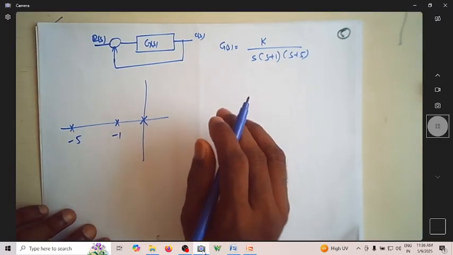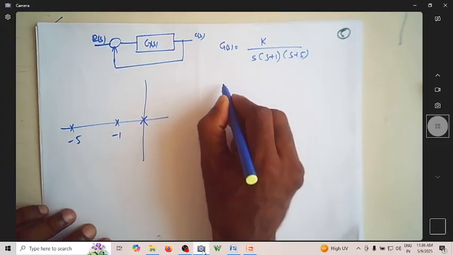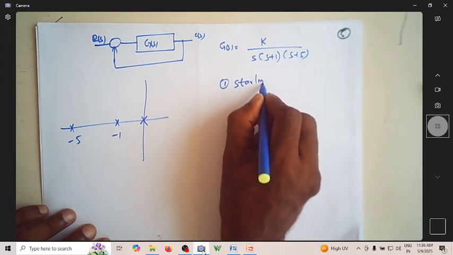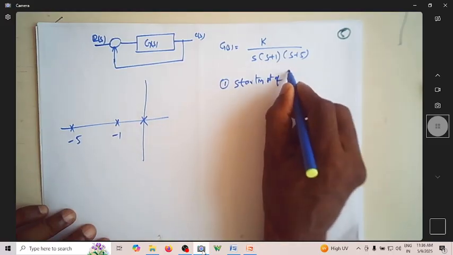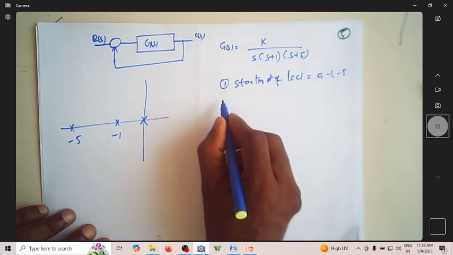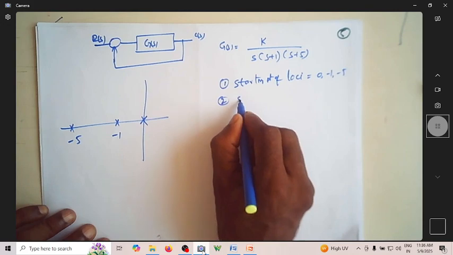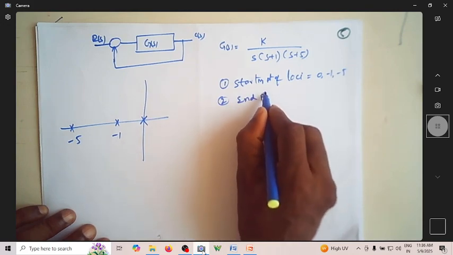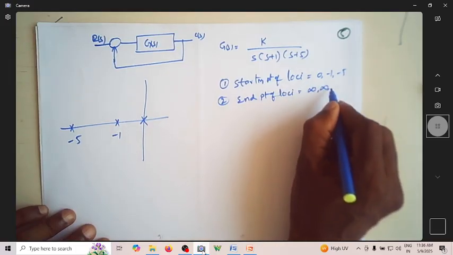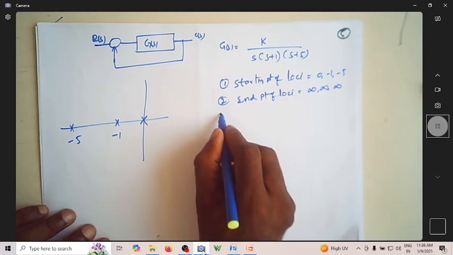So the starting points of the loci are 0, -1, -5. Next is the end point. The end points of the loci are infinity, infinity, infinity.